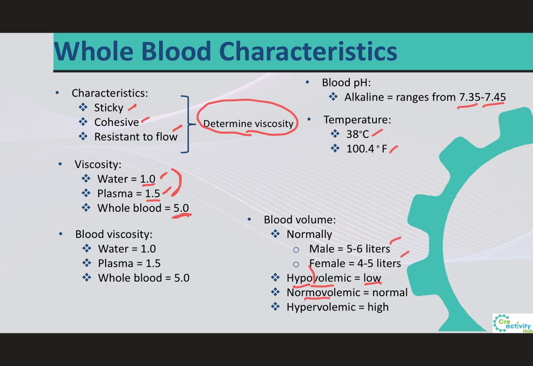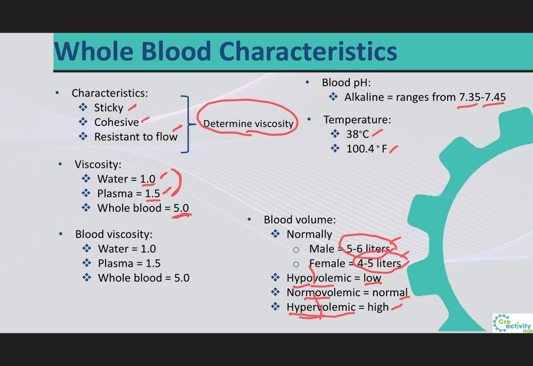Normovolemic for normal blood volume, and therefore within the range that we just talked about, 5 to 6 liters for adult males and 4 to 5 liters for adult females. And the next is hypervolemic for excessive blood volume, as hyper means increase.